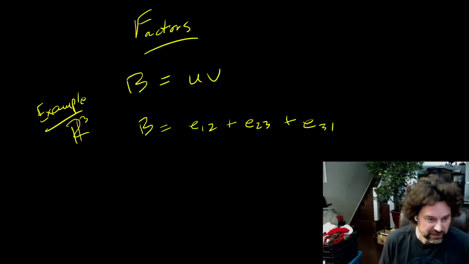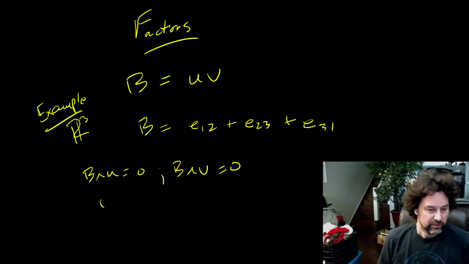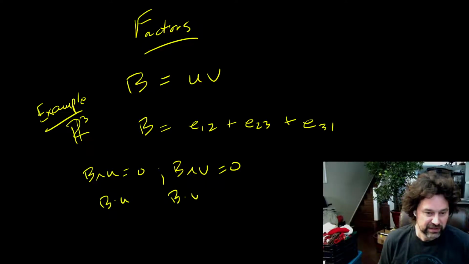So we've seen that if we take a vector in the plane, so let's take one of u, v. So if b wedge u is 0, b wedge v is 0, then b dot u lies in the plane, and b dot v lies in the plane.